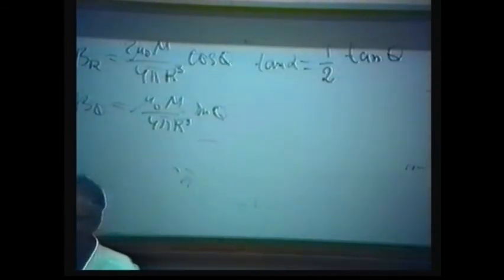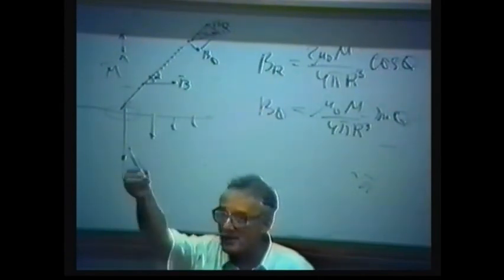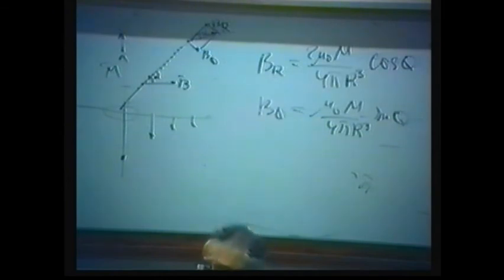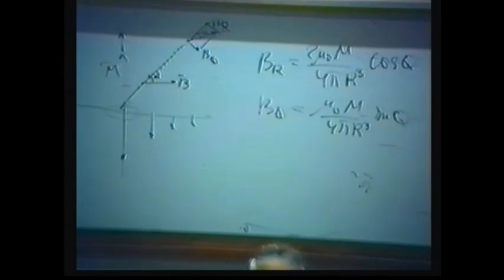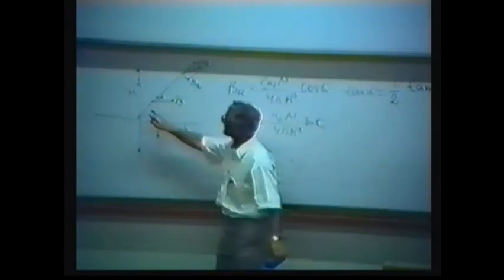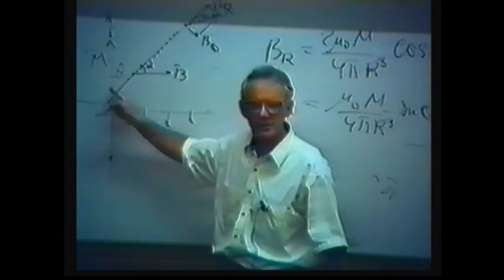So, conclusion. Alpha is constant for any theta? For any theta. So, if you take one radius, regardless of how close, how far, we have the same angle between the total vector and the radius. Clear? Now, let us recall for a moment what is theta? Angle between what?